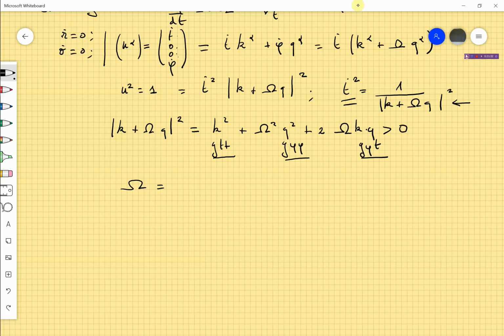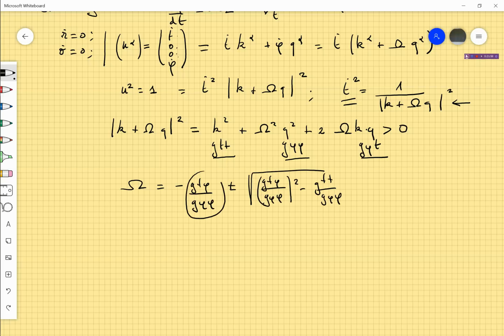So now I simplify this expression, which is just a second order equation. You will get plus and minus, the same expression again, the square root of g t phi squared minus g tt g phi phi, divided by g phi phi.